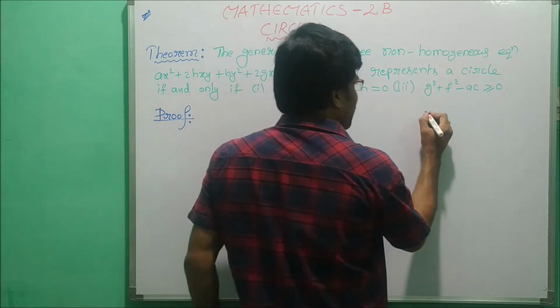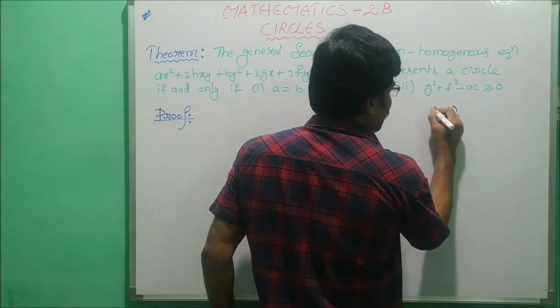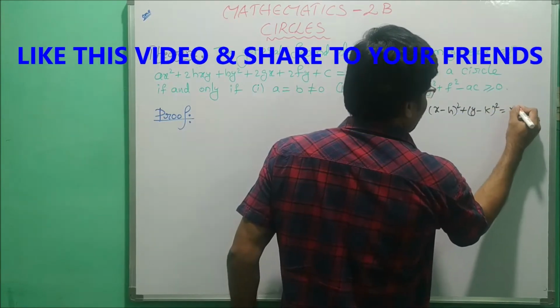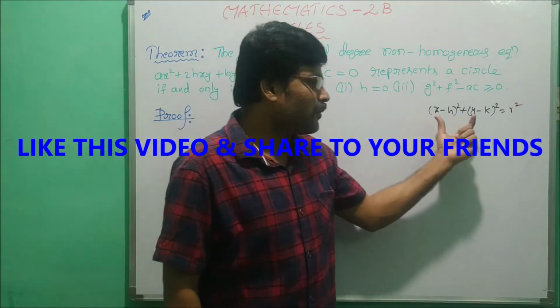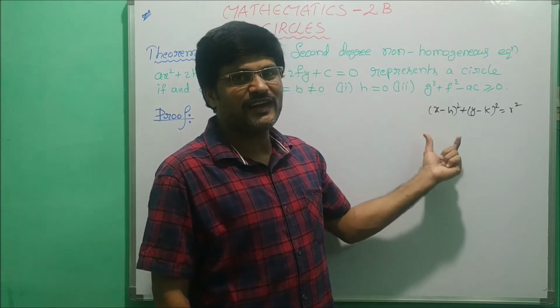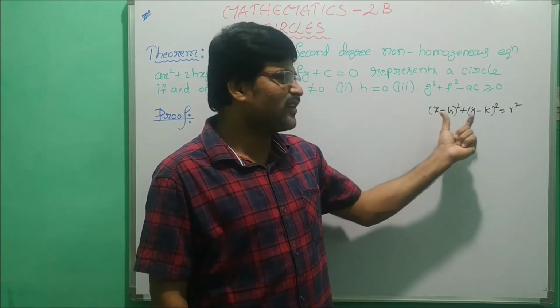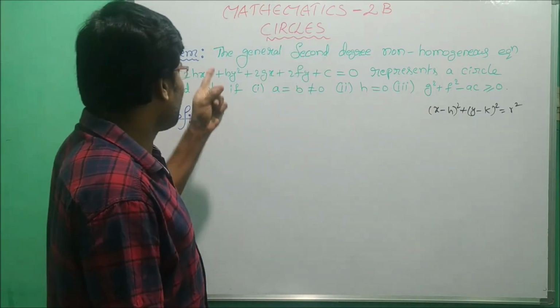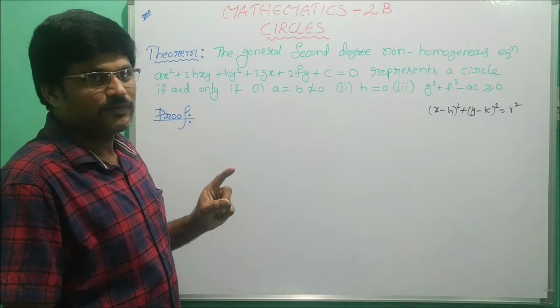This is the equation of a circle. Already we discussed the proof of this, and also solved problems to find the equation of a circle given the center and radius in the last class. Now we discuss one of the important theorems.